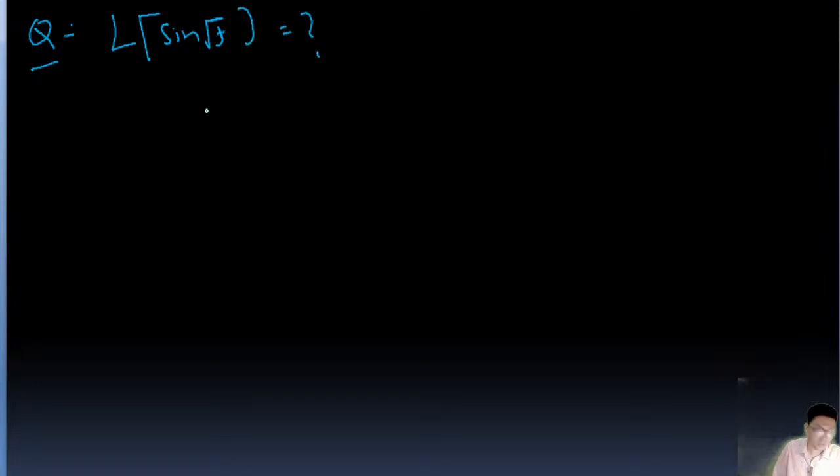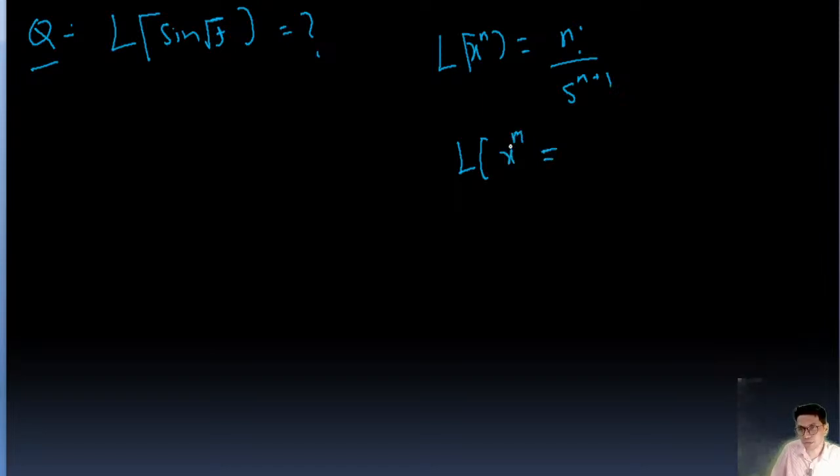Because we know the Laplace transform of x to the power n is n factorial upon s to the power n plus 1. Suppose this is the Laplace transform of x to the power m, where m is not an integer, which is irrational or a fraction, then this is going to be gamma of m plus 1 upon s to the power m plus 1.